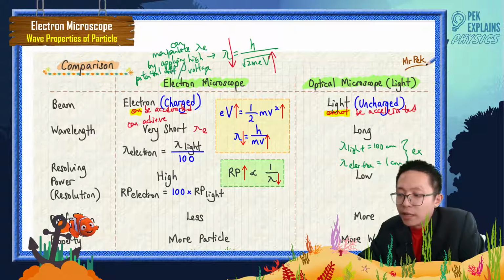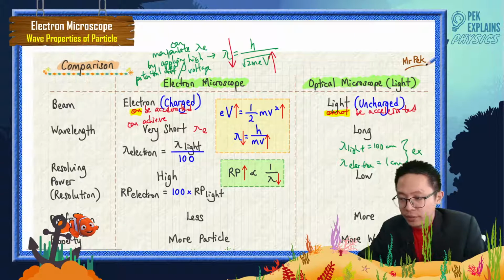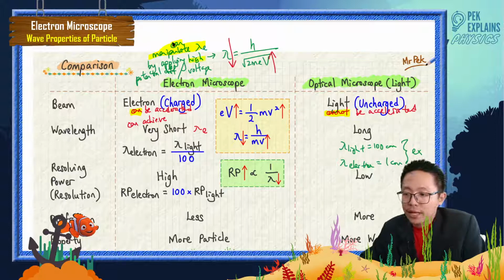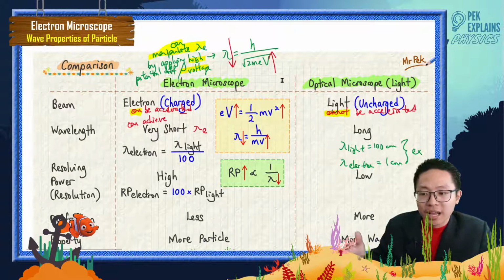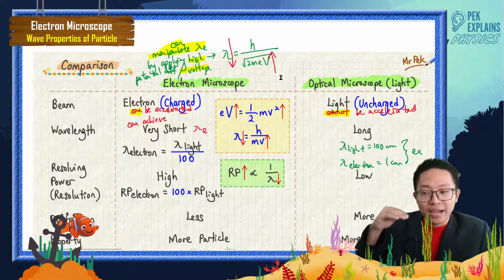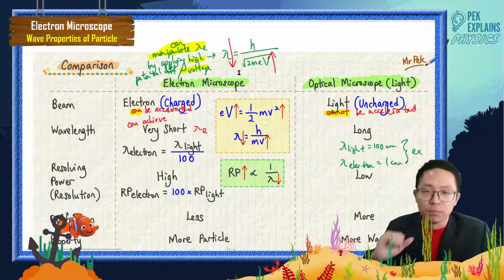You can manipulate the wavelength of the electron by using high voltage. The higher the voltage you use, the smaller the wavelength of the electron can be.